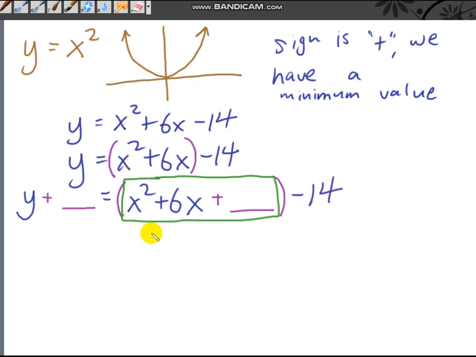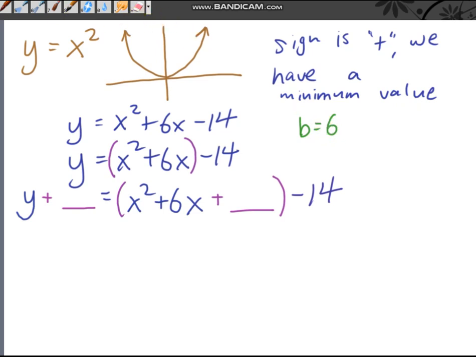Now, if you had to identify what the coefficients are, like A, B, and C in this case, well, C is going to be the blank. A is going to be 1. We only need B. To complete the square, we only need B. In this case, our B term is just this positive 6. Okay? So we have B equals 6.